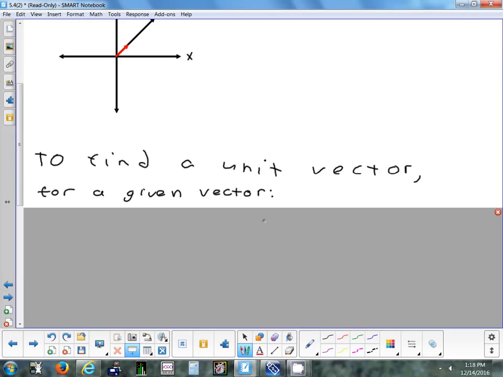All right, so we're going to try to find a unit vector given a regular vector that's not 1 unit long. So let's say you had a vector that was 5 units long. Is that a unit vector? No, it's too long. In fact, it's 5 times too long.